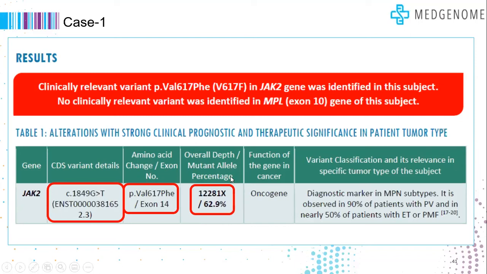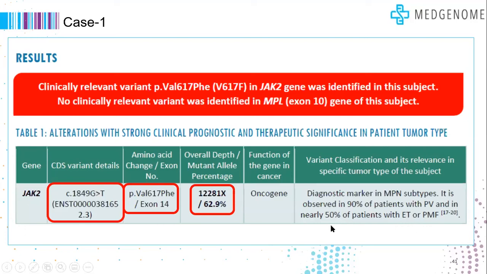And the mutant allele is present in 62.9% of the cells from which we extracted the DNA. The function of the gene, it's an oncogene. We give the details of that here. And we also give the relevance of this mutation as a small snapshot here. So this JAK2 mutation is the diagnostic marker for MPN, etc.